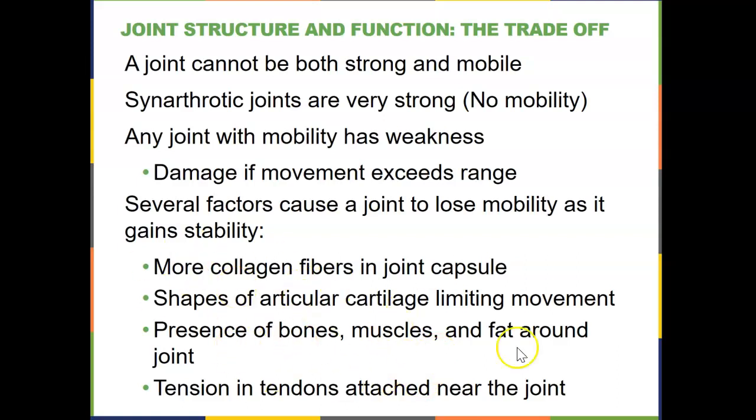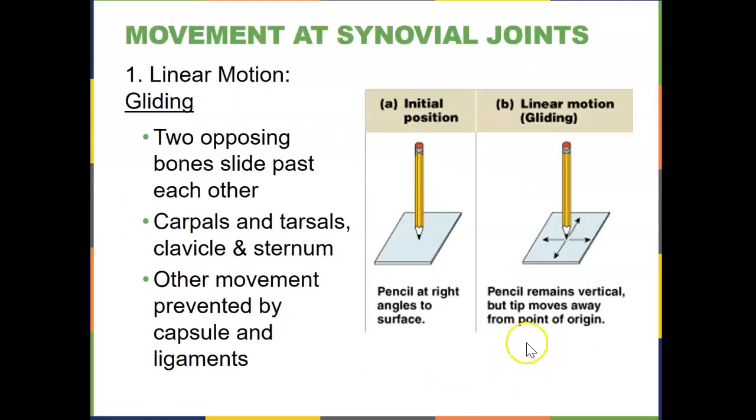So that's just one of those little trade-offs we have in the structure of our body. You change the structure a little bit, you introduce mobility, and then all of a sudden the structure, while strong, is not as strong as a static or immovable joint.